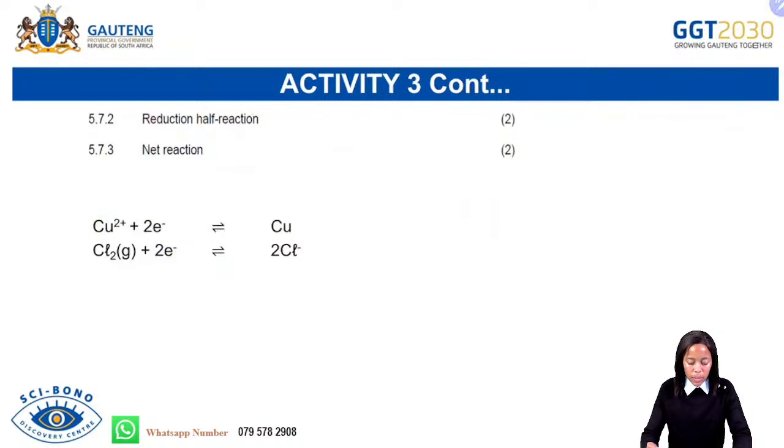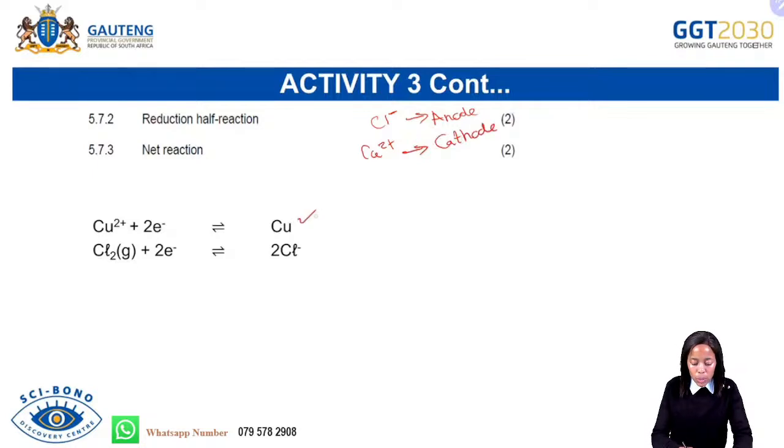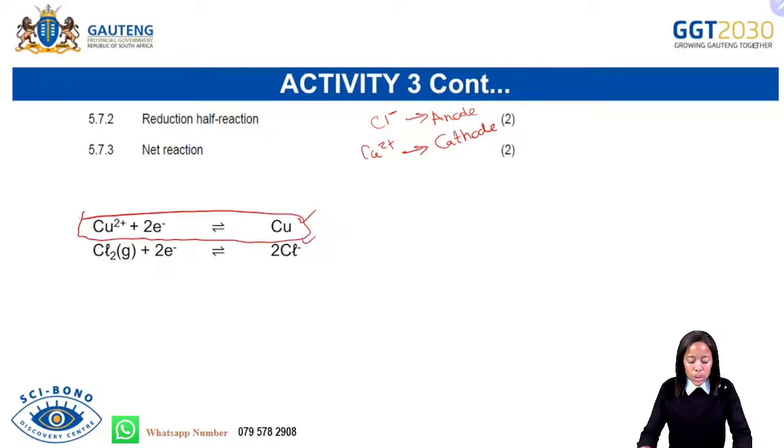reduction half reaction. Remember, if we said that the Cl minus has migrated to the anode, that is from the electrolyte, then the Cu2 plus has migrated to the cathode. So if the Cu2 plus has migrated to the cathode, we are going to look at the table, look at copper, and write the reduction half reaction in terms of copper.